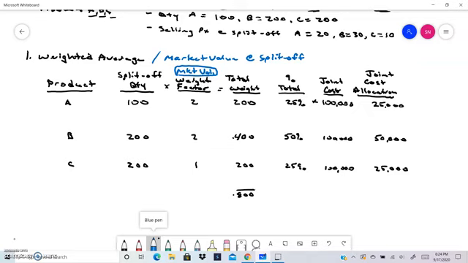So the market value for A, we said up here was $20. And the market value for B was $30. And the market value for C was $10. So if we multiply that by the quantity, our total weight would be 2,000. Here, 200 units times $30 selling price would be 6,000.